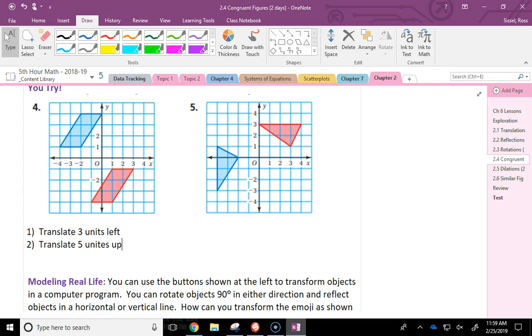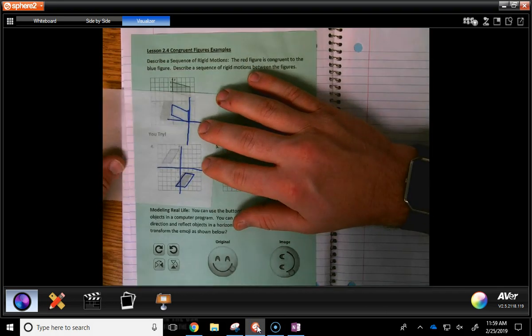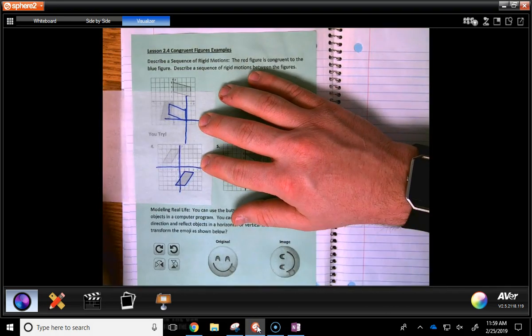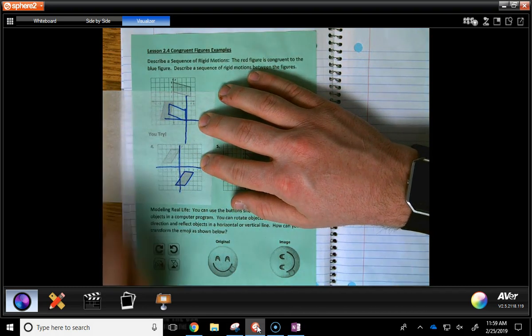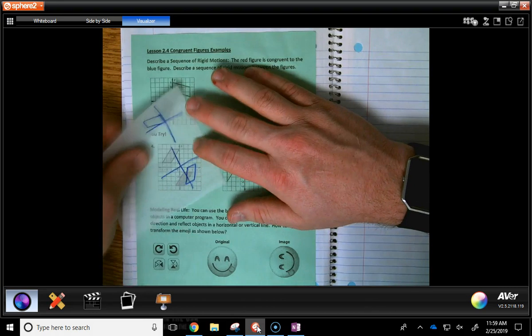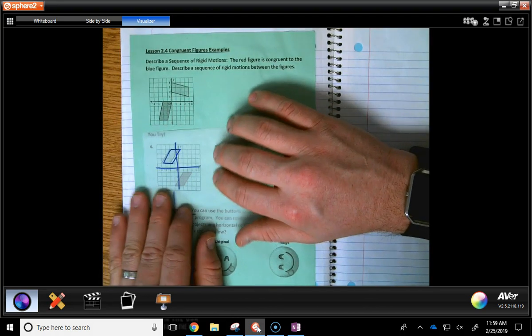What's your question, bud? Couldn't you just go counterclockwise? What do you mean? Turning it? Yeah, twice. Okay, let's look at it. Braden asked, could I have rotated this counterclockwise 2 turns? So counterclockwise 180 degrees. If I did that, there's 1. Boom.